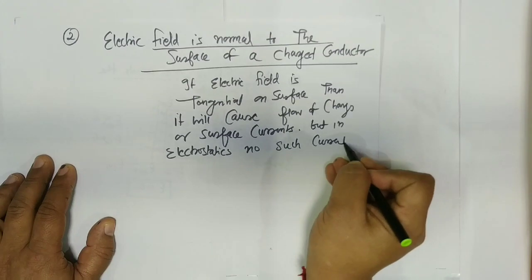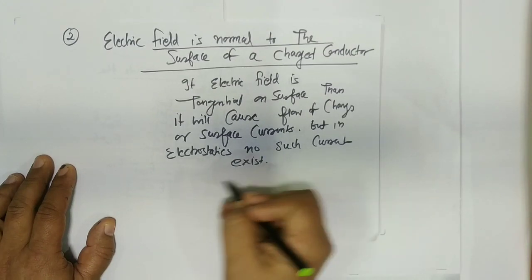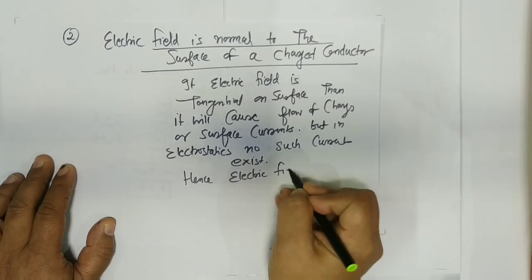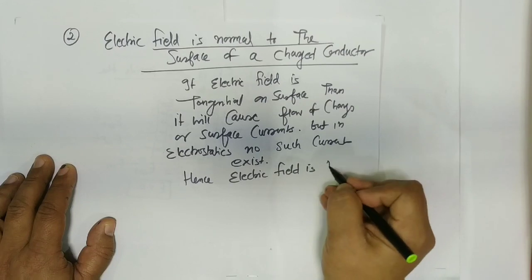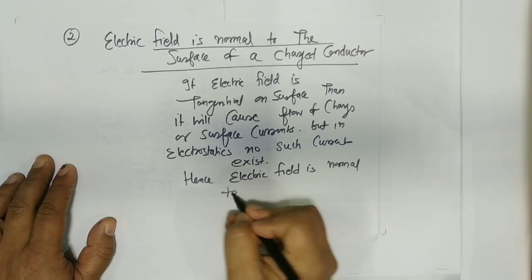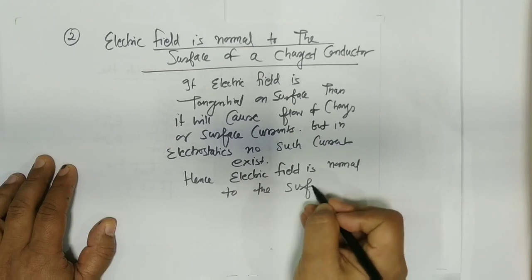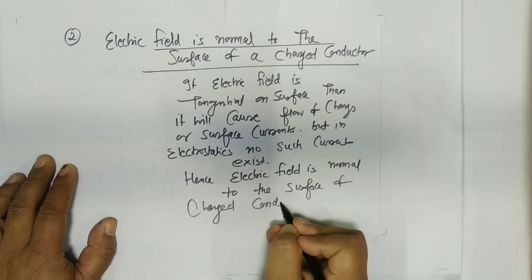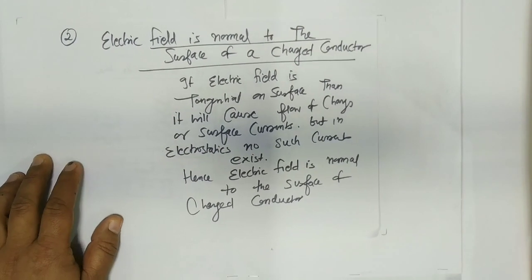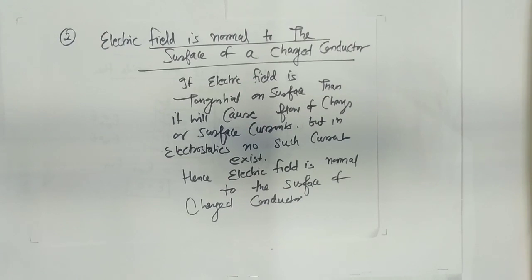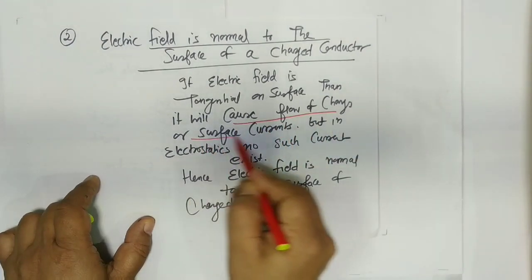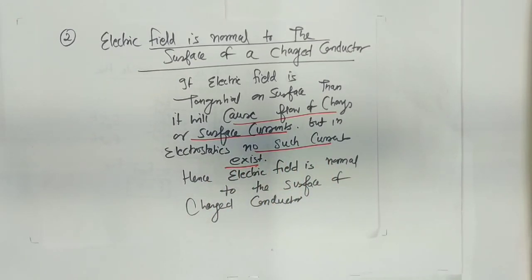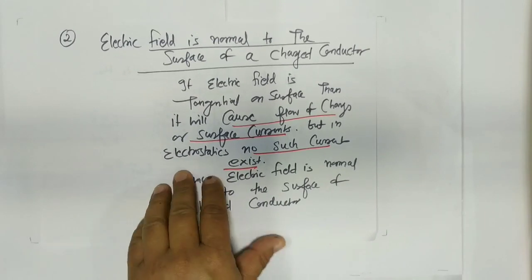Hence, we say the electric field is perpendicular or normal to the surface of a charged conductor. So remember, this is very important. If you take it tangential, there will be a cause of flow of charges, and there will be surface current, and no such current exists. So this is the second property. First we have already discussed, this is the second property.